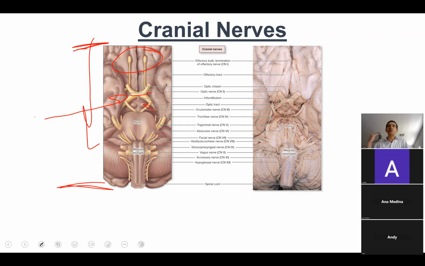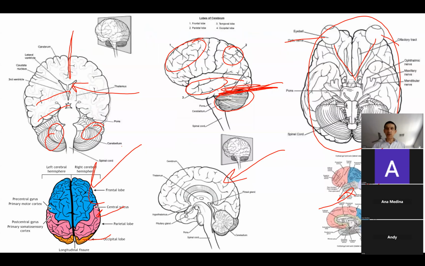We call them C1, 2, 3, 4, up to 12, based on how close they are to the most anterior part of the brain. So if I were to look from here, 1 would be here, and so on, down the road, and 12 would be somewhere here, in the medulla.